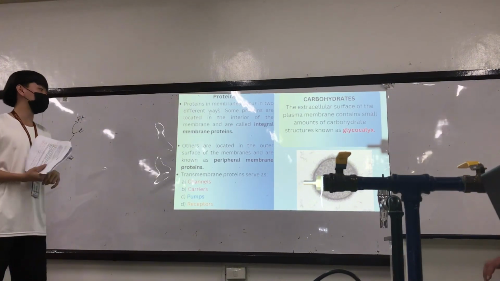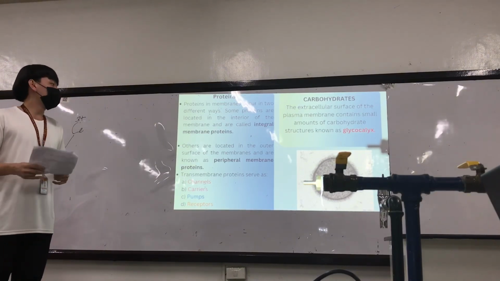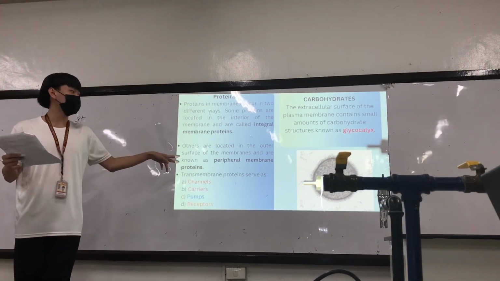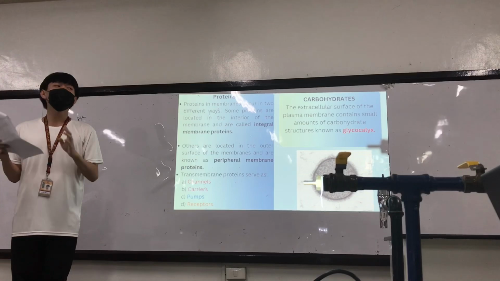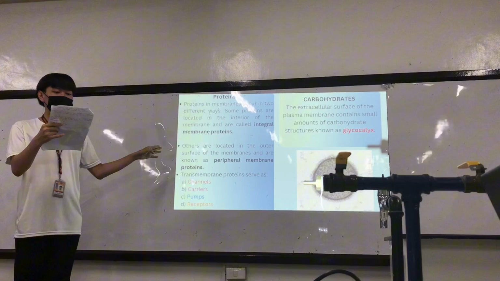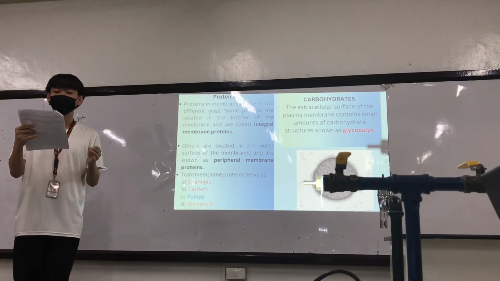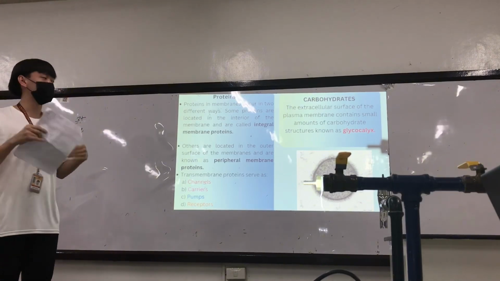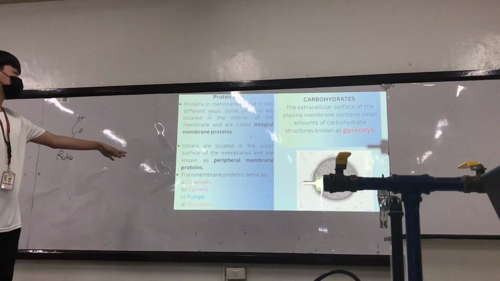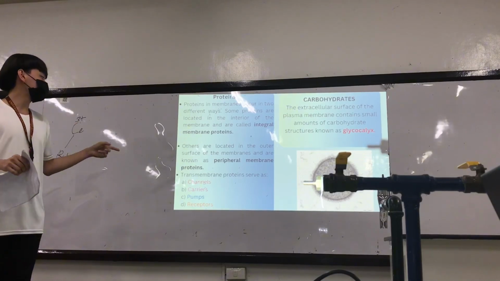Others are located on the outer surface of the membrane and are known as peripheral membrane proteins. They are temporarily associated with the membrane and can easily be removed, which allows them to be involved in cell signaling.